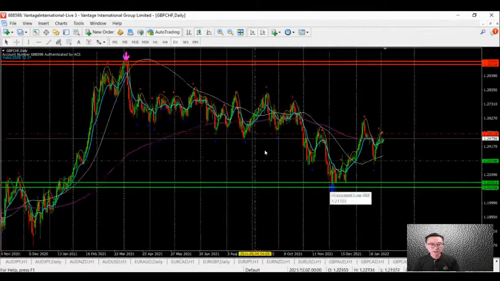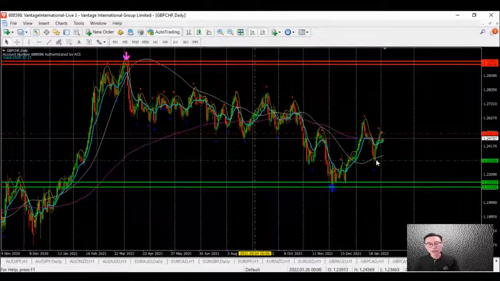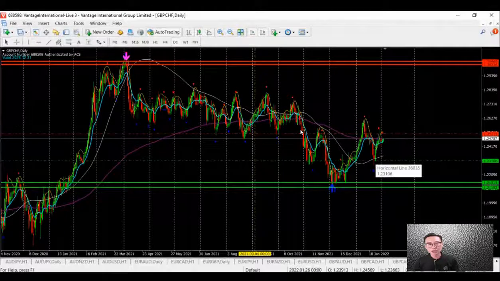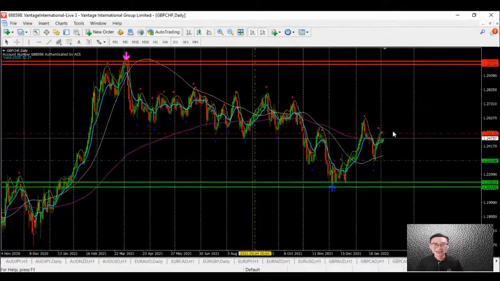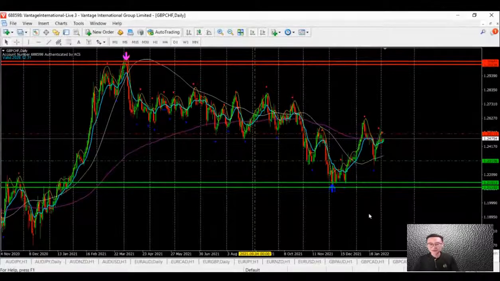Tentatively, it was a good try, but it failed to break the support, going up again and creating a higher support. Moving towards the resistance, there is a very good chance that it will break the resistance very soon. So buying is possible for pound franc, but definitely not for selling.